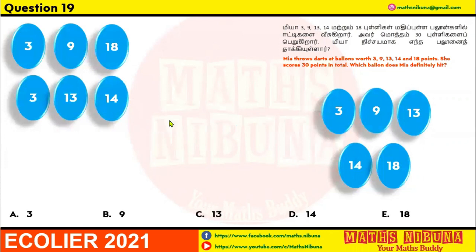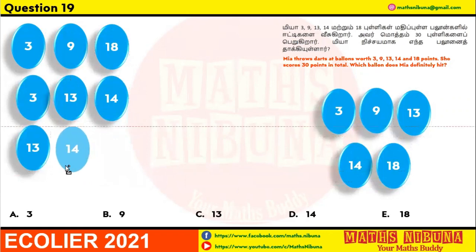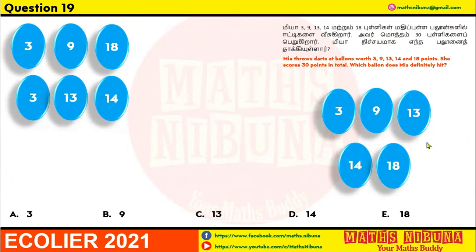This one also cannot. What other combination can I do if I bring my 13 and 14? That is already 27. I already got 13, 14, and 3. So I don't think I can do any other combination besides these two.